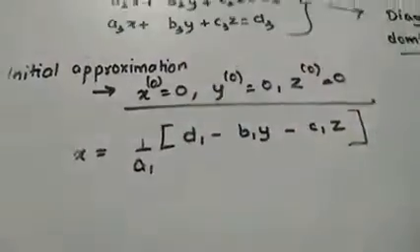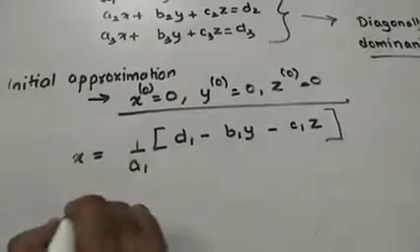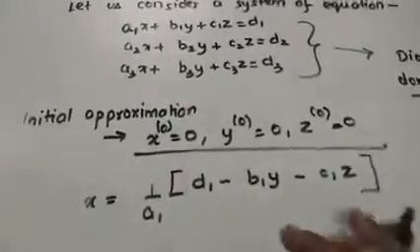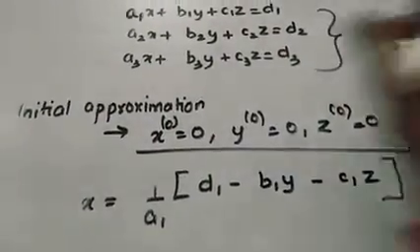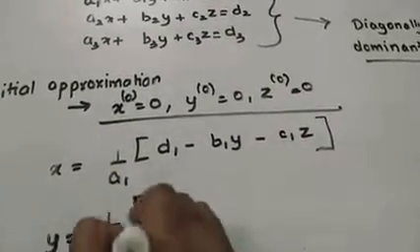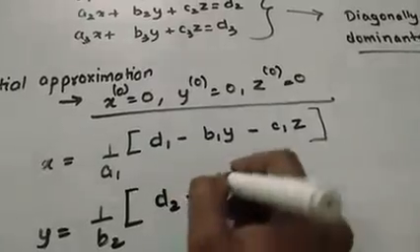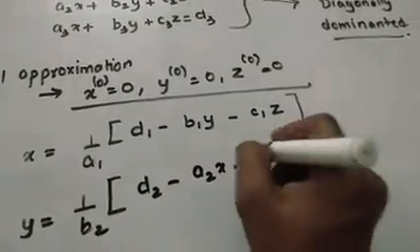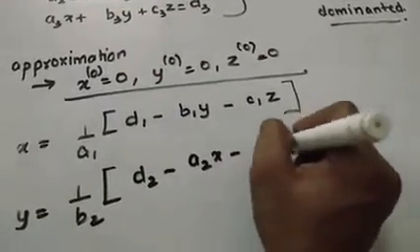From the second equation we have to find y, so I'm directly writing y, simply taking these two terms to the other side, then 1 by b2 times d2 minus a2x minus c2z.